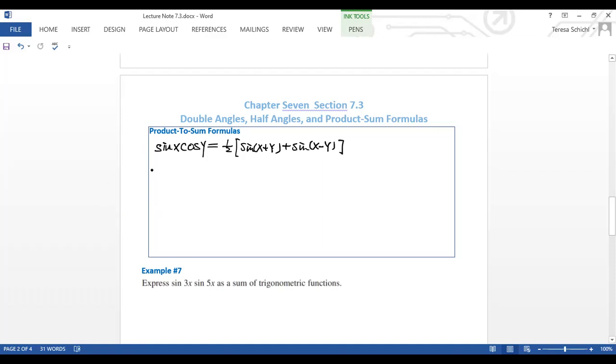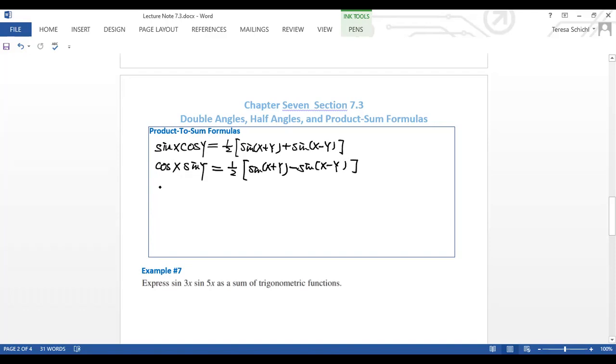The same if I have cosine x sine y: then I have 1/2 times sine of x plus y, minus sine of x minus y.